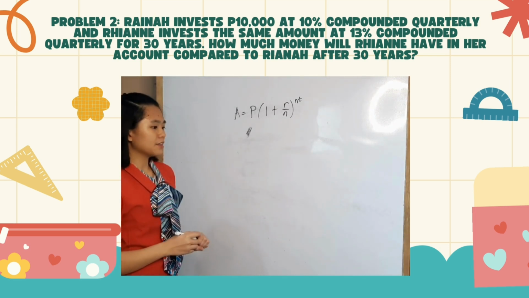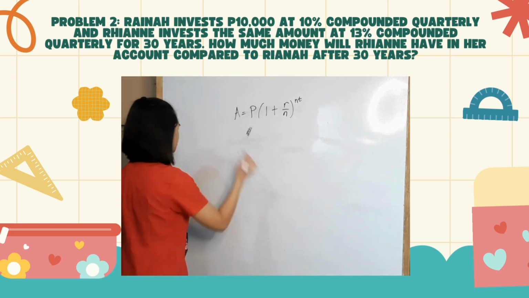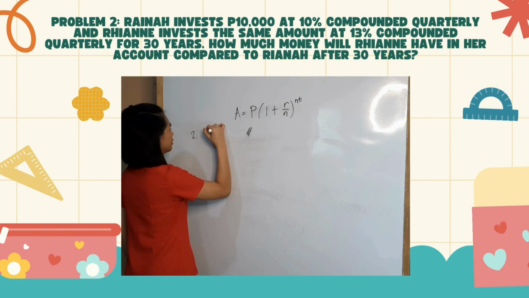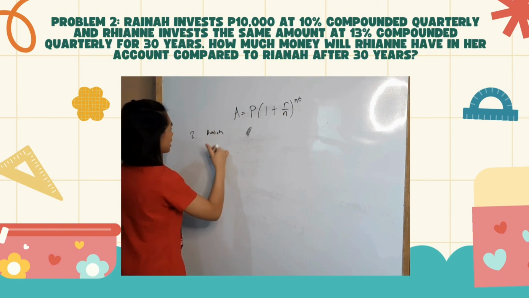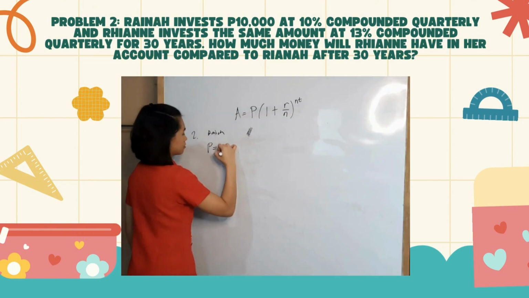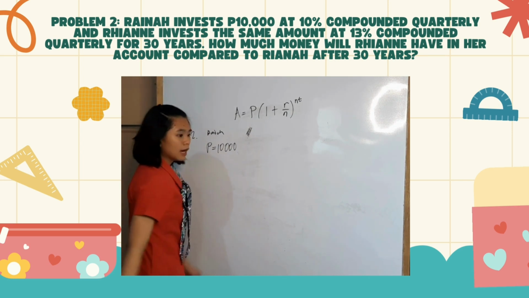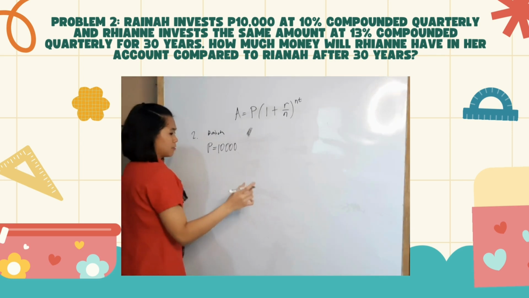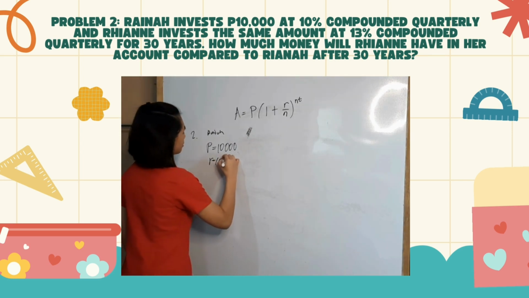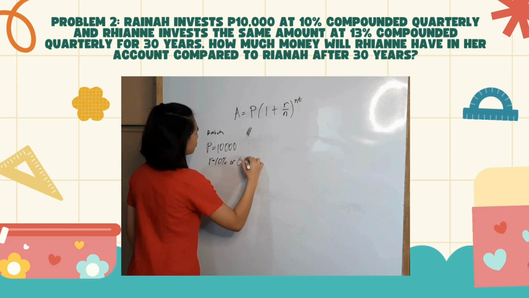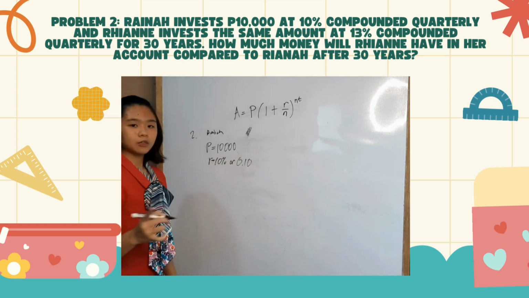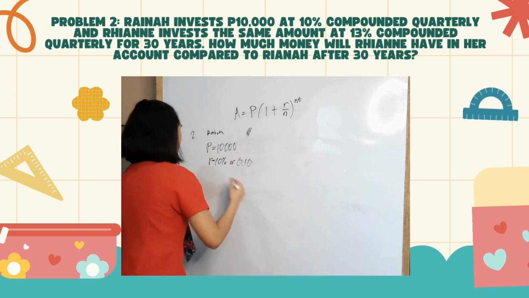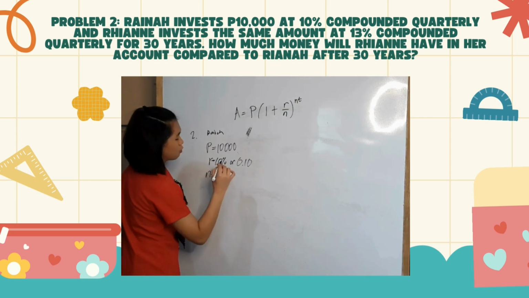Rainah invests 10,000. So P is equal to 10,000 at a 10% rate compounded quarterly, so the rate is 10% or 0.10. Compounded quarterly, in a year we have 4 quarters, so N is equal to 4.